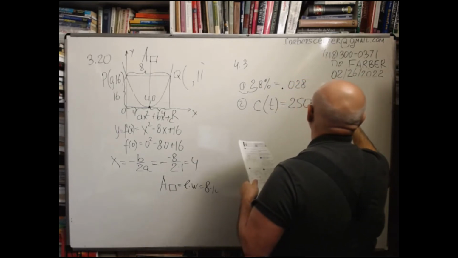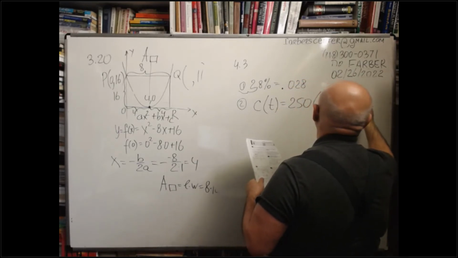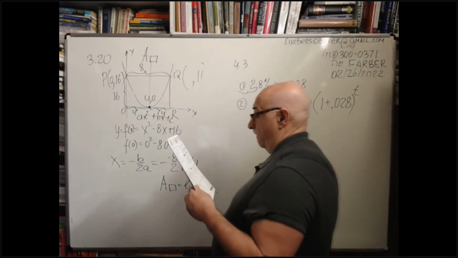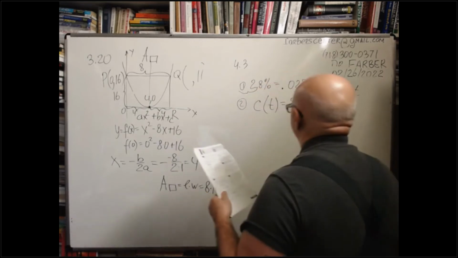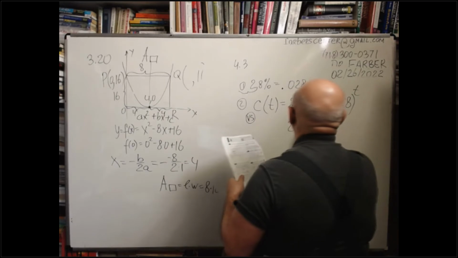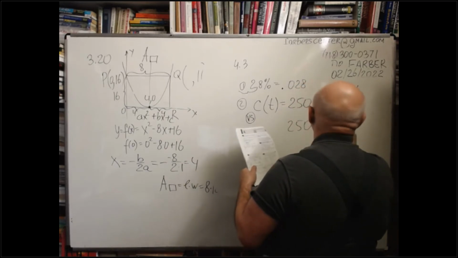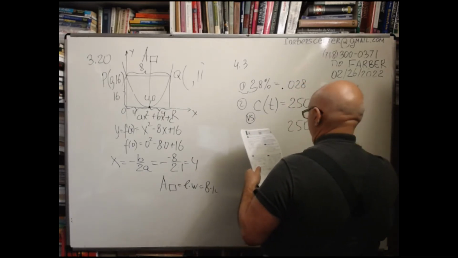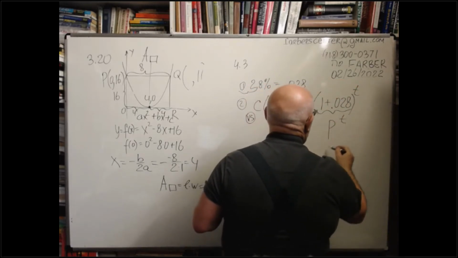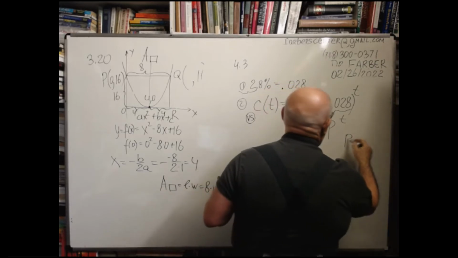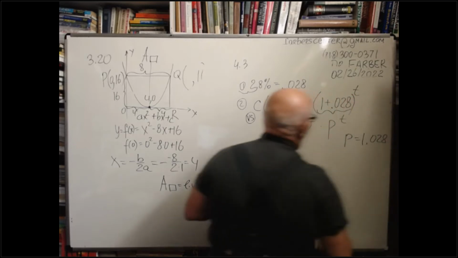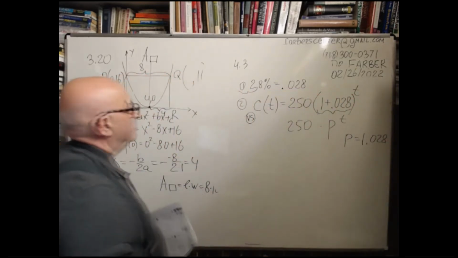It's 1 plus 0.028 to the power T. Good. Compare to the formula which is given, let me line up. I will write this again: 250 times P to the power T. You can see this is P. So P equals 1.028. This is for 3. Just compare these two values.